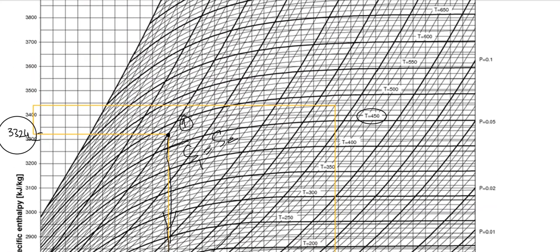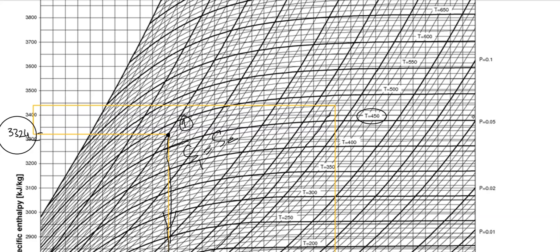Now in the same manner, we have the reheat process. In the reheat process, the pressure remains constant while the temperature is increasing. So if pressure remains constant, temperature is increasing. The temperature is increased to 480.